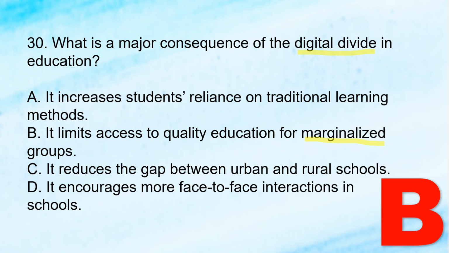All right, for letter A, traditional learning may still exist, but digital access is crucial. For letter C, the digital divide worsens the gap between urban and rural schools. For letter D, lack of technology does not necessarily lead to more interactions. So letter B is the best answer.